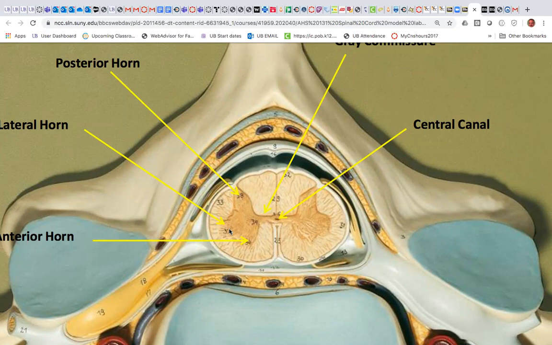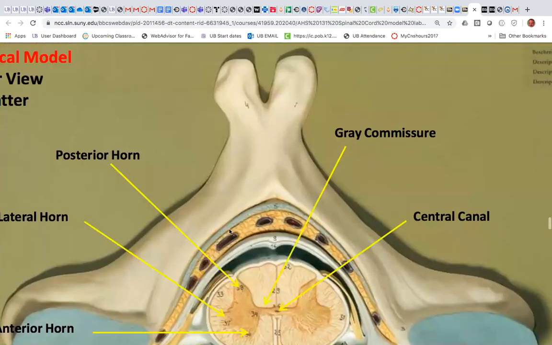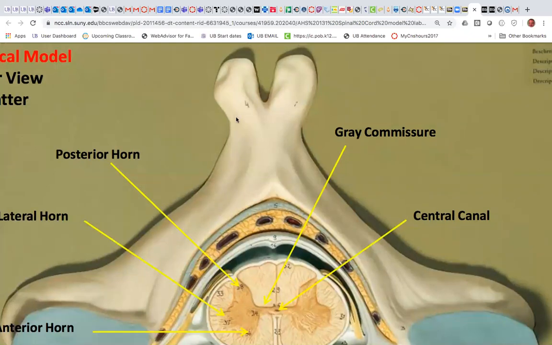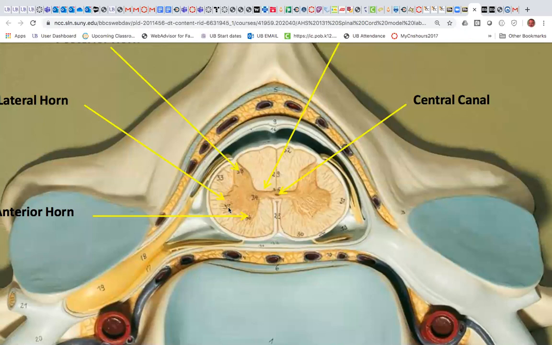Most students aren't going to say, oh, is that a cervical vertebra or a thoracic? They're just saying, here's a vertebra, and they put all horns there. But for our purposes, we know that these bifid spinous processes are only seen in the cervical region, but yet the lateral horns make up the sympathetics. And the sympathetics are only found between T1 and L2. That's your thoracolumbar outflow.